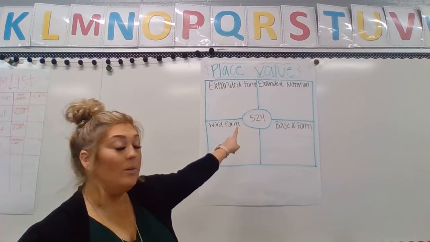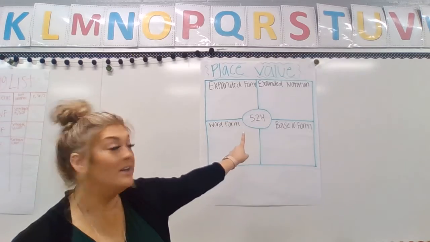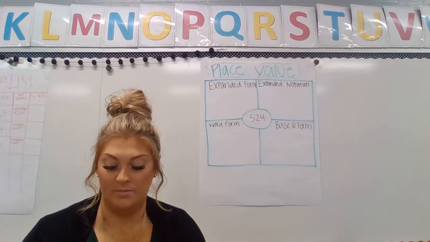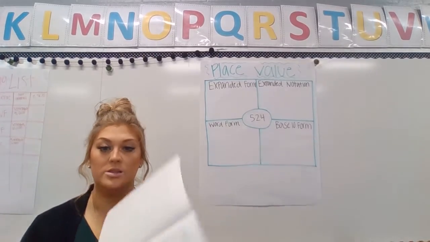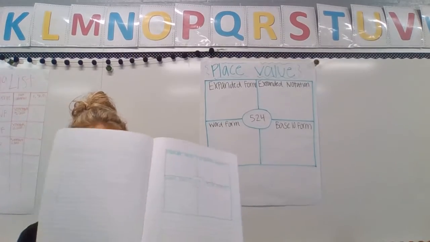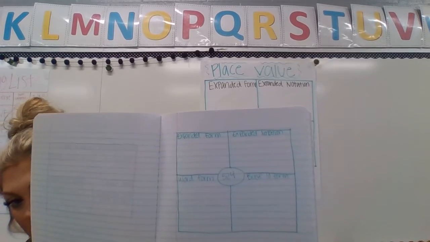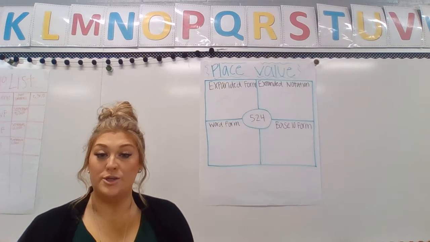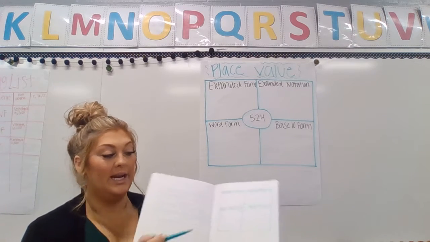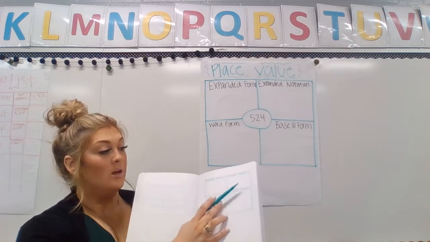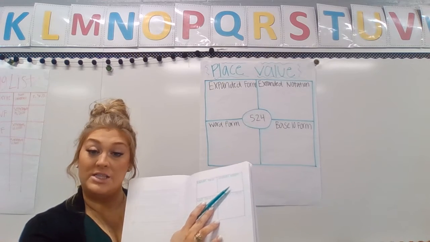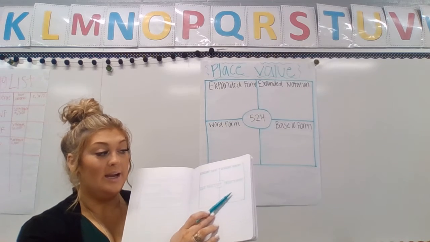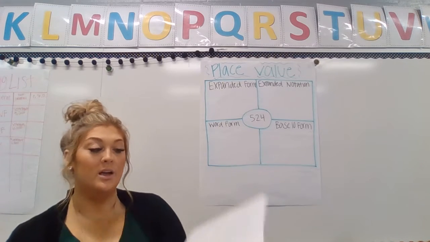And we're going to write 524 in the circle. We are going to be writing 524 in expanded form, expanded notation, word form, and base 10 form.